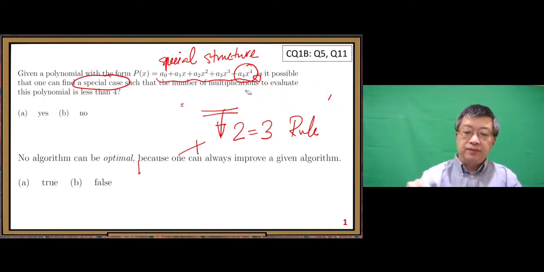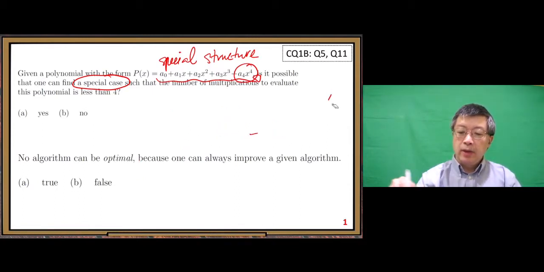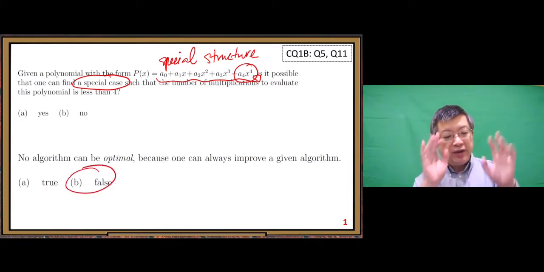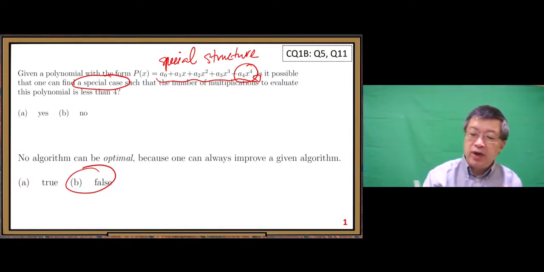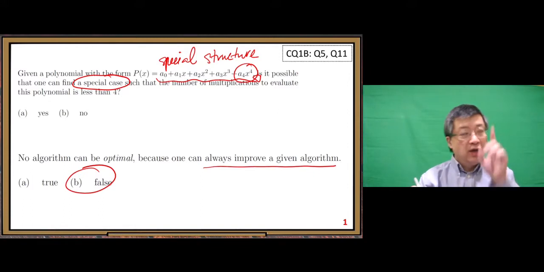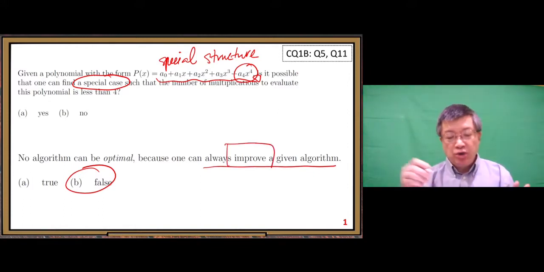Number 11. For this one, the answer is false. Why? Let me explain it. The statement says no algorithm can be optimal because one can always improve a given algorithm. First, when we talk about improvement, the improvement should be significant. Otherwise, we don't treat it as an improvement.